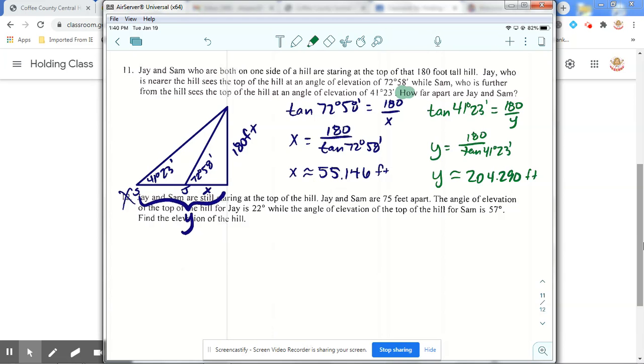And then the question is, how far apart are Jay and Sam?